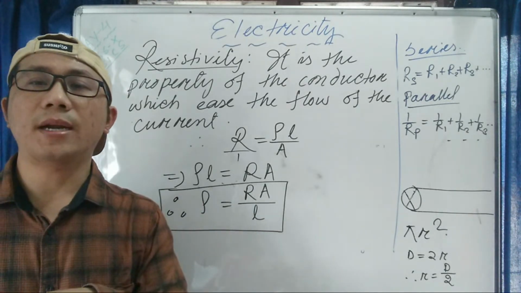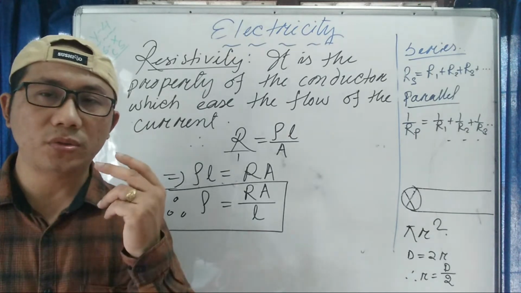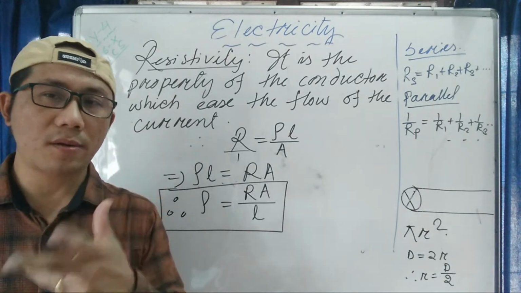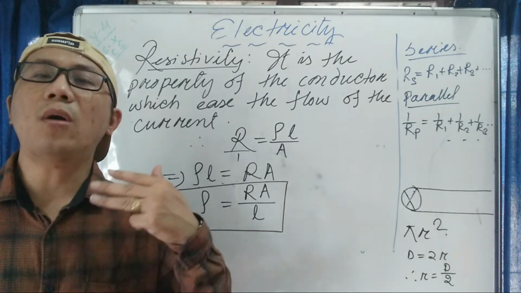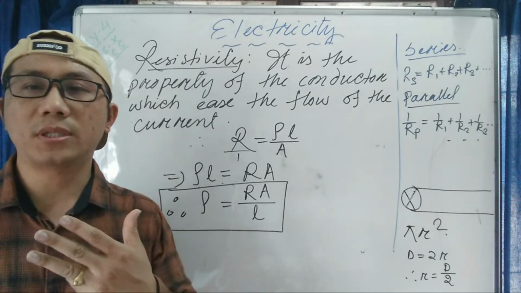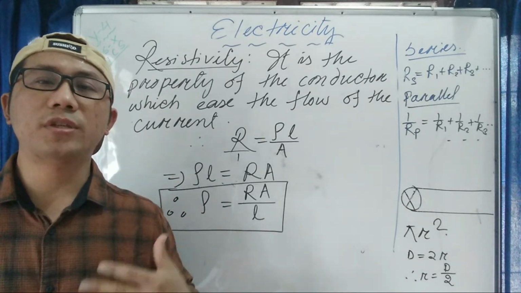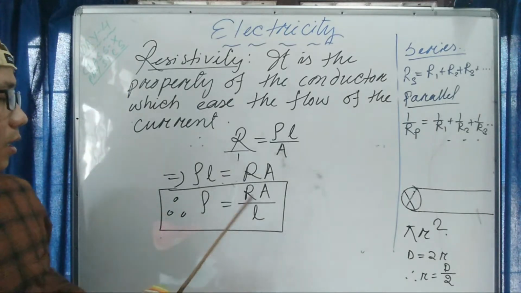What we are going to learn now is the heating effect of electric current: due to the resistance it opposes the flow of the current and converts it into heat energy. Then how can we use this lost energy in a usable form, that is what we are going to learn today.